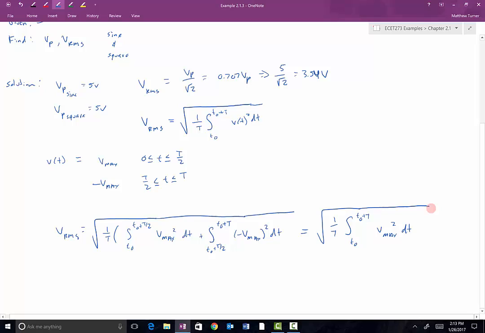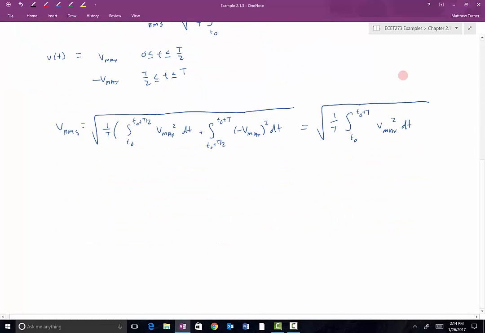That's pretty nice. If we want to perform that integration, we'll notice that V max is not a function of t, so it can get pulled outside of the integration operator. So we get the root of 1 over T times V max quantity squared integral from t0 to t0 plus T of dt. Integrals don't get too much easier than that.